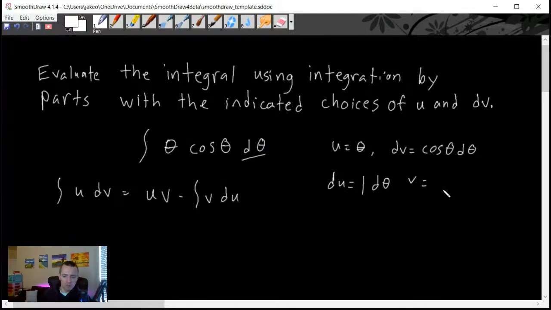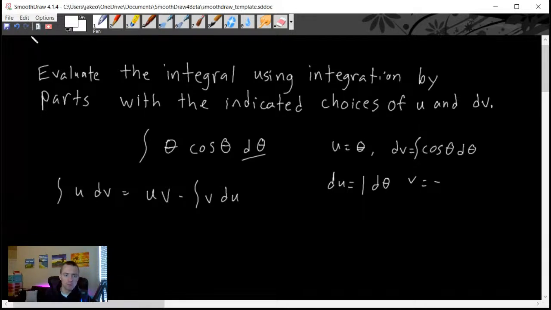So then to find our v, what we need to do is take the antiderivative of our dv. In this case, the d theta tells us that we're integrating with respect to theta. The d theta is going to fall off when we take the integral and get our v term. So the antiderivative of cosine is going to be negative sine, I believe.